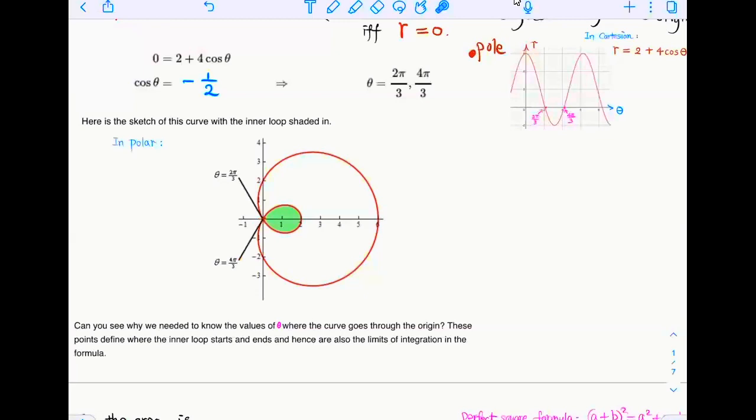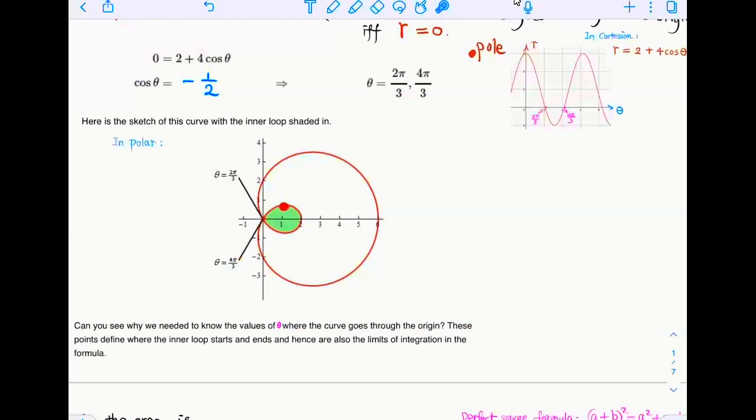So it's like this. When theta is 2 pi over 3 here, and then it goes around, and when you get to 4 pi over 3, you end back here. So when theta goes from this to this number, you finish the inner loop.